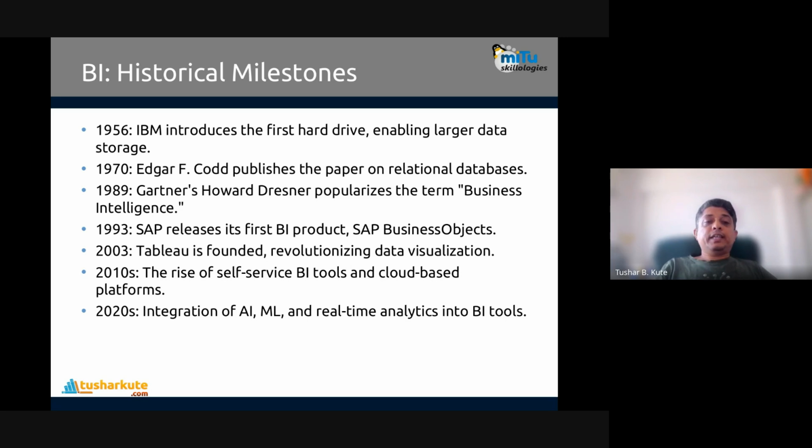Then in 1989, as I also mentioned, Gartner's Howard Dresner popularized the term business intelligence for the first time. In 1993, I hope you may know SAP. SAP is also one of the great tools for business intelligence. SAP released the first BI product, SAP Business Objects.